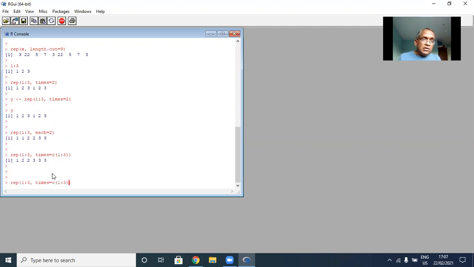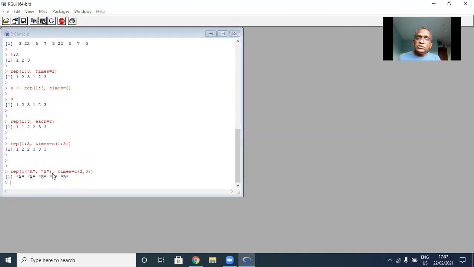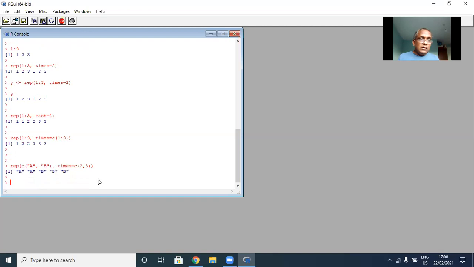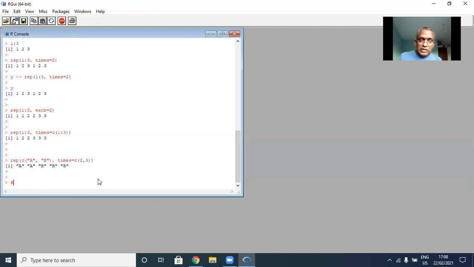And you can also apply the rep command to letters, not just numbers. You can apply it to characters like this. Here you're repeating A 2 times, B 3 times, so you get the output A, A, B, B, B. All right, the next thing I want to talk about is sequence.